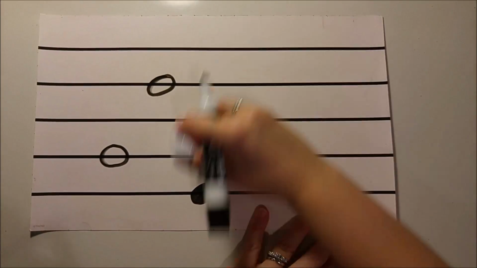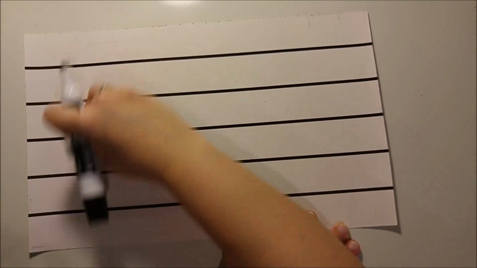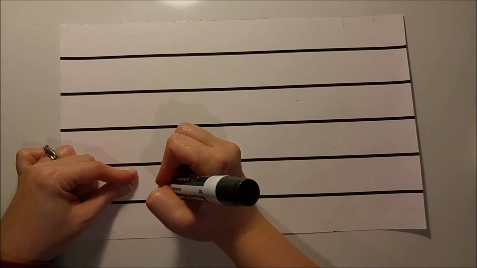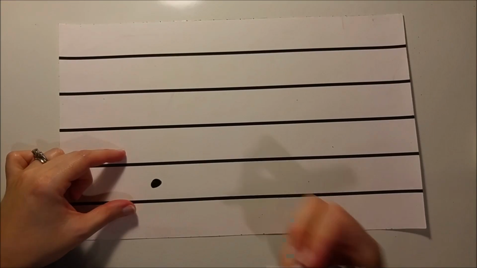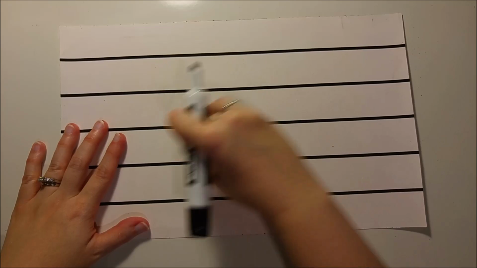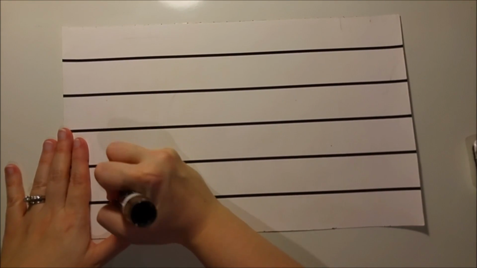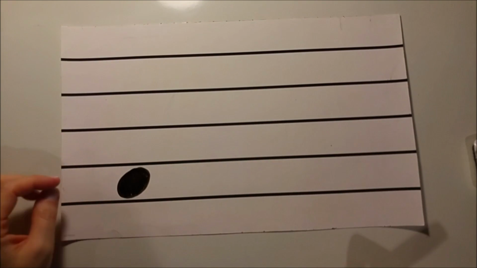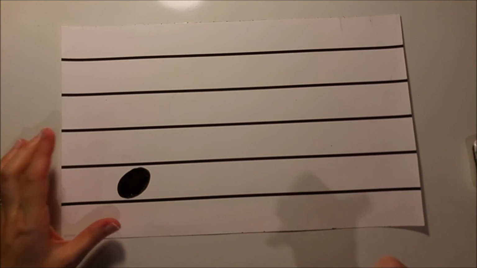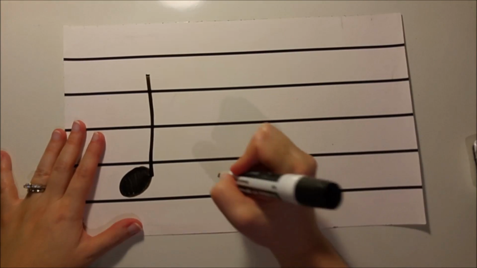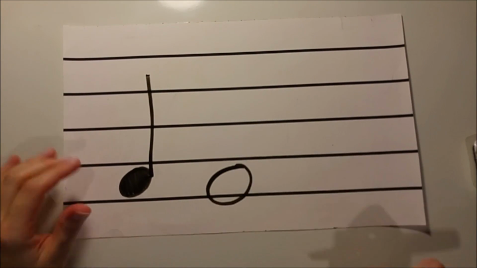Okay. So notes on spaces, space notes as they're called, get drawn right in the space. Now it's not something little tiny like this, right? That note is too small for the staff we have. So it'd be a nice size. It would take up the space of the space, right? Take up all that room. What's wrong would be to draw it like this.